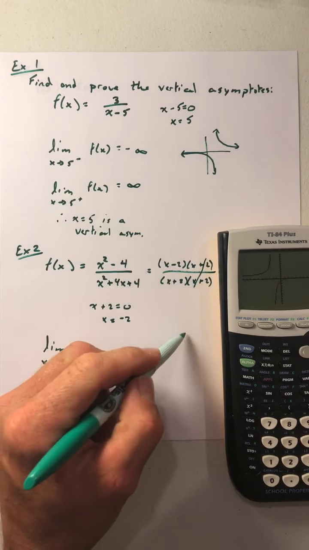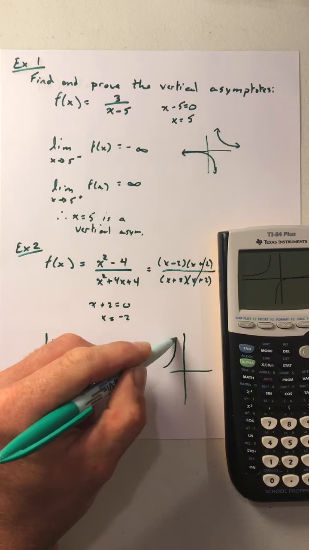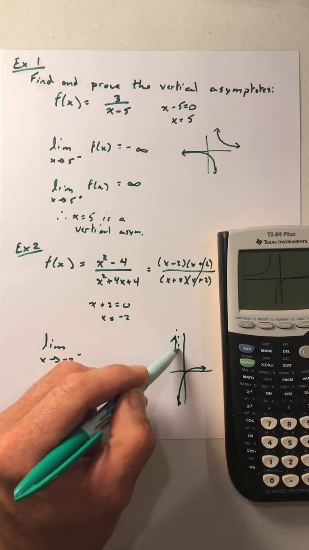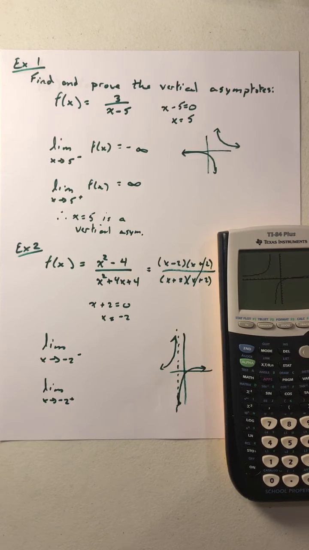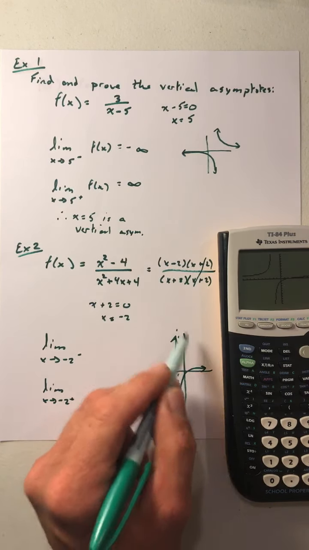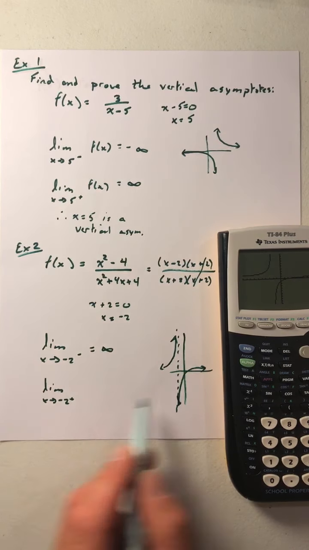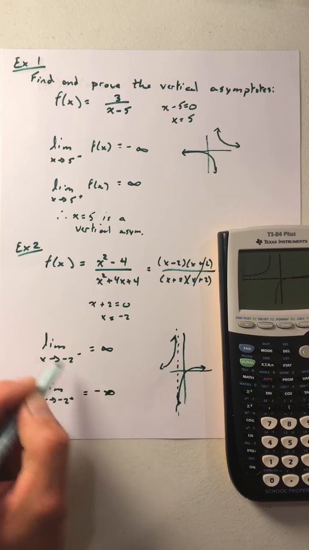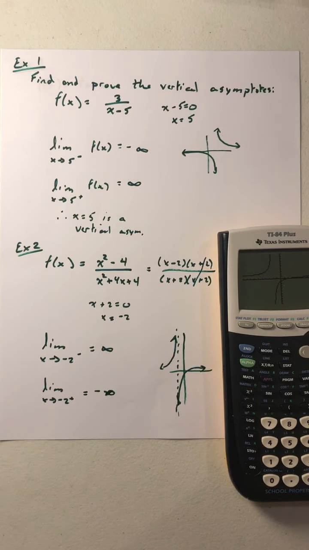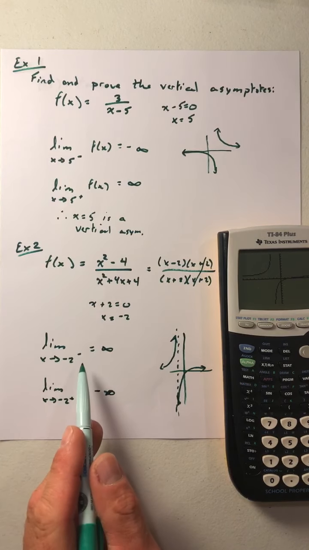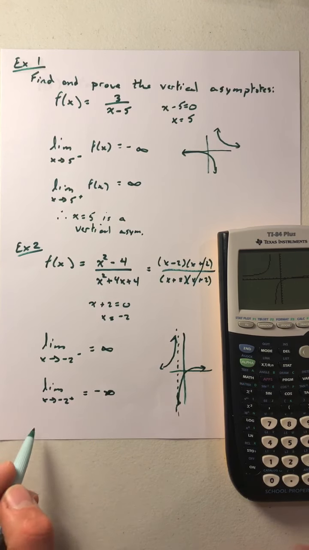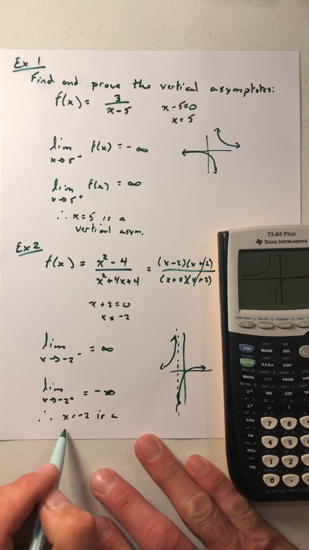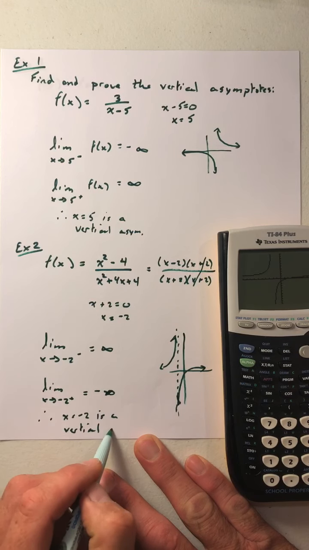Graphing that, we have this graph that looks something like this. So again, there's our x equals -2. From the negative side, we see it goes to a positive infinity this time, and from the positive side, it goes to a negative infinity. So again, here's our proof, our justification. The limit as x goes to -2 from the positive and negative side goes to one of the infinities. Therefore, x equals -2 is a vertical asymptote.